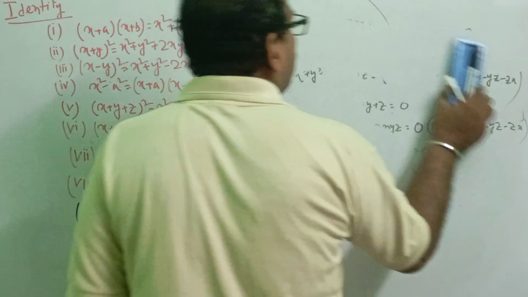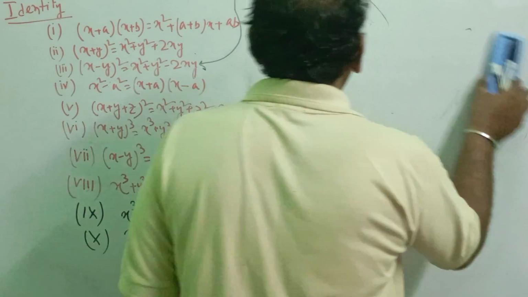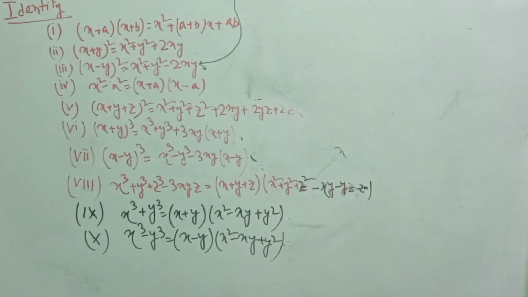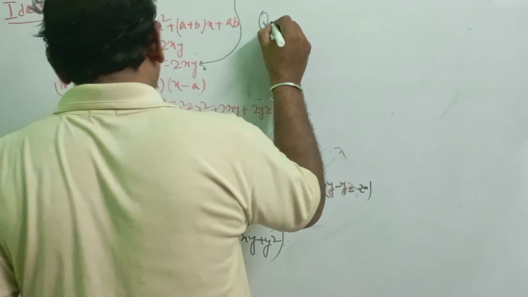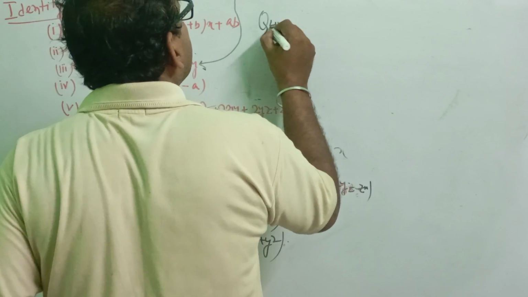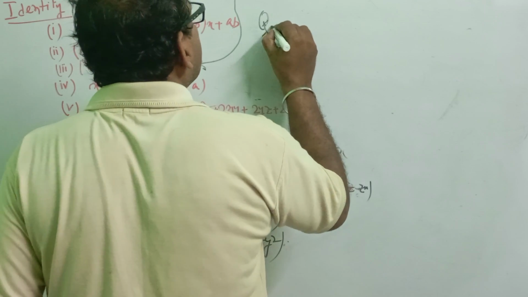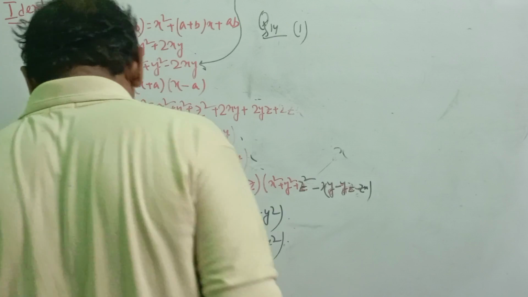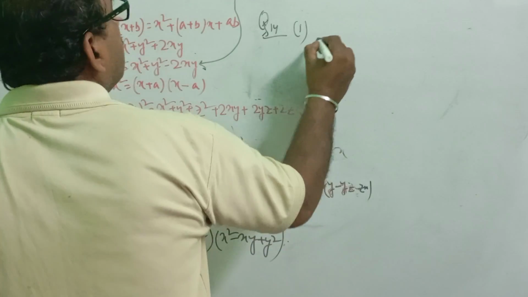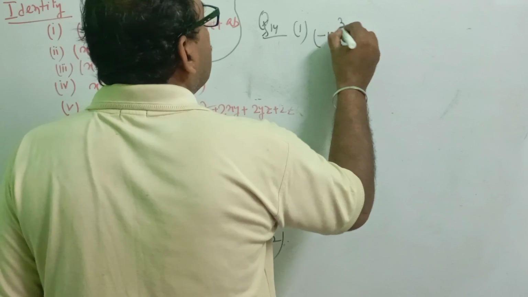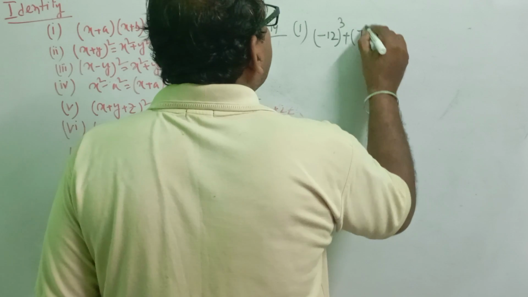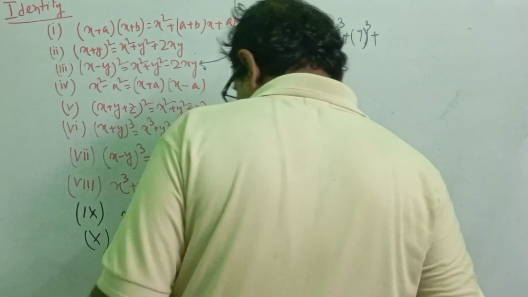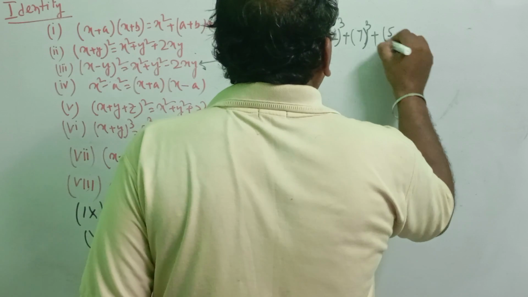Now question number 40. Without calculating the cubes, they have said minus 12 whole cube plus 7 cube plus 5 cube.